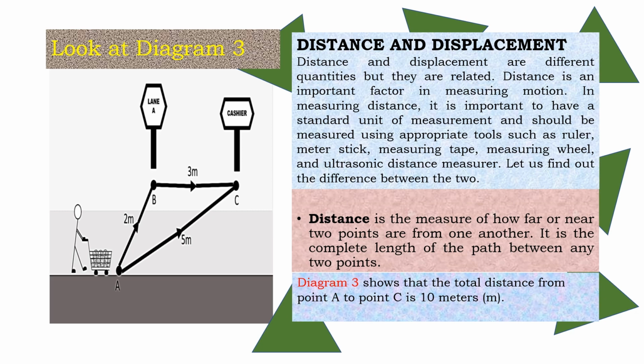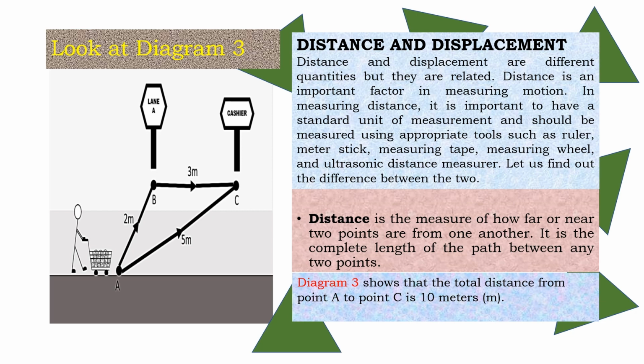Alright, what do you mean by distance? When we talk about distance, what is it? Distance is the measure of how far or near 2 points are from one another. It is the complete length of the path between any 2 points. Back to the illustration.